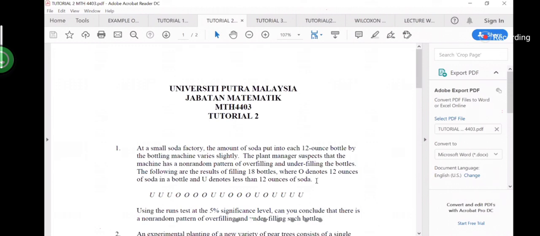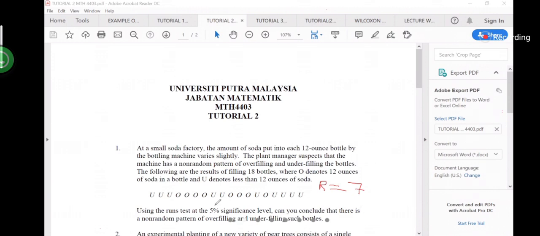So H0, always you write there's a random pattern. H1, not a random pattern. What is the run here? What is R equal to? 7, right?